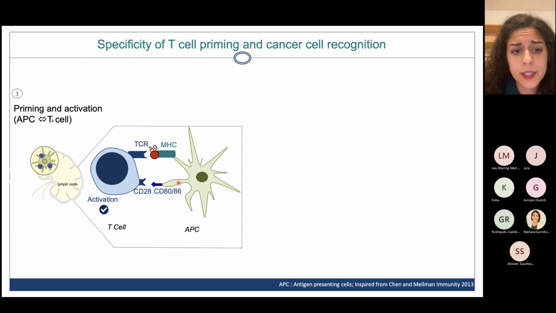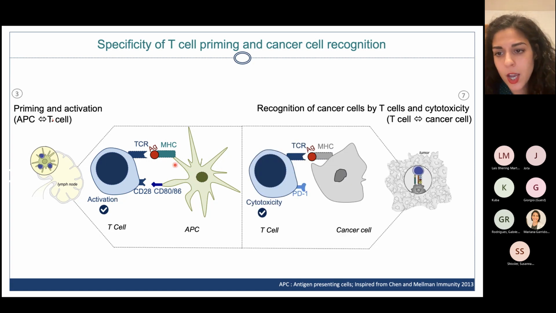You also need the collaboration between the CD80 ligand from the antigen-presenting cells and the receptor CD28 of the T cells. While at the tumor stage, only the T cell that is already activated just needs to sense the antigen presented by the cancer cells to exhibit this cytotoxicity.